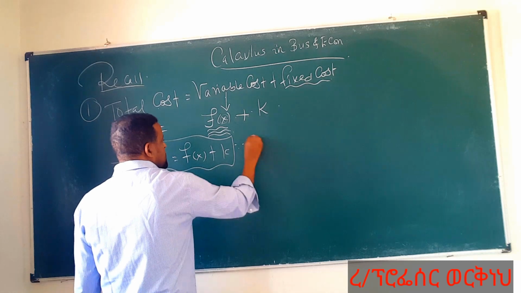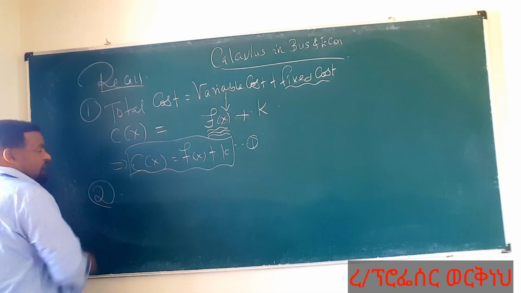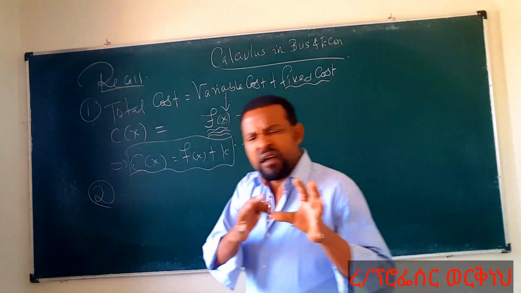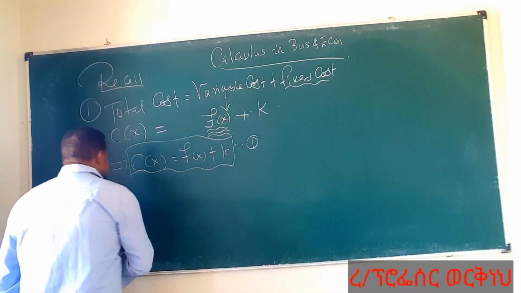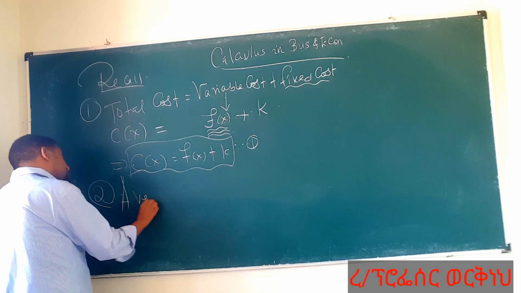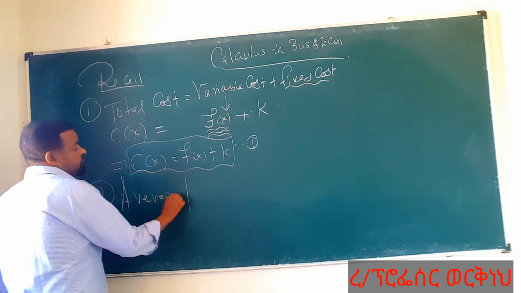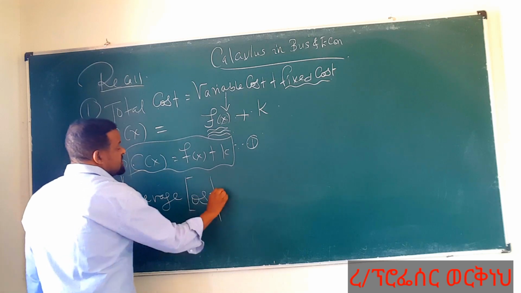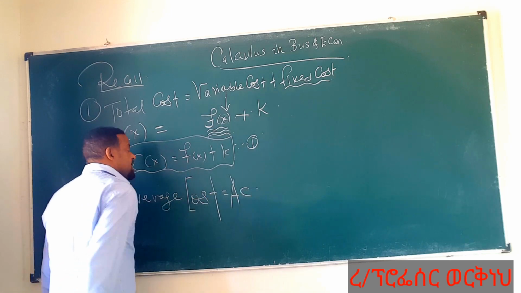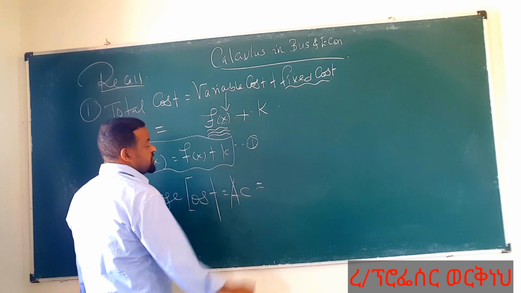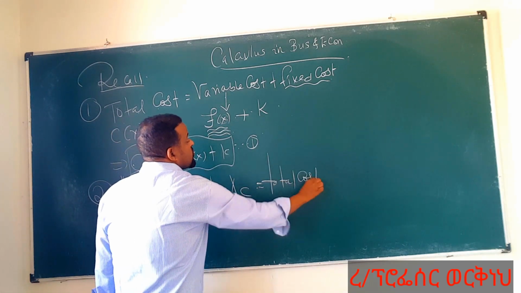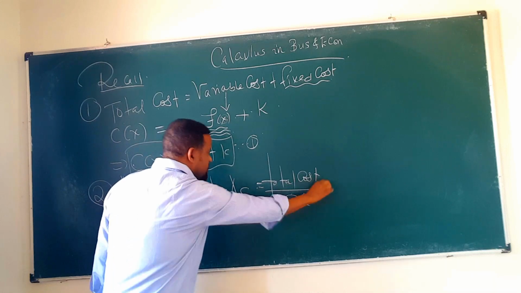The second formula or terminology that I should recall in business and economics is the average total cost, or simply the average cost. This average cost is usually denoted by AC, which is the total cost divided by the output x.